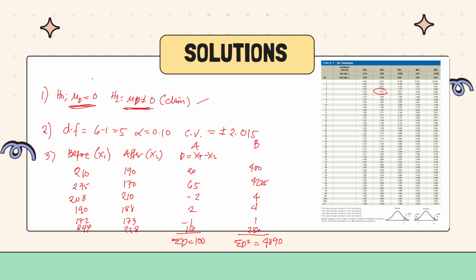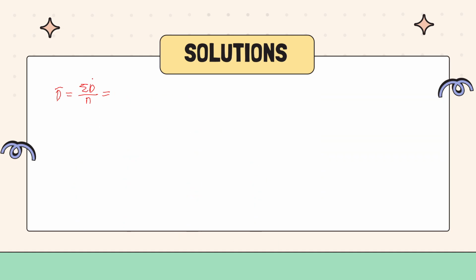What is our summation of D? 100. So 100 divided by 6 is equal to 16.7. So this is our d bar.